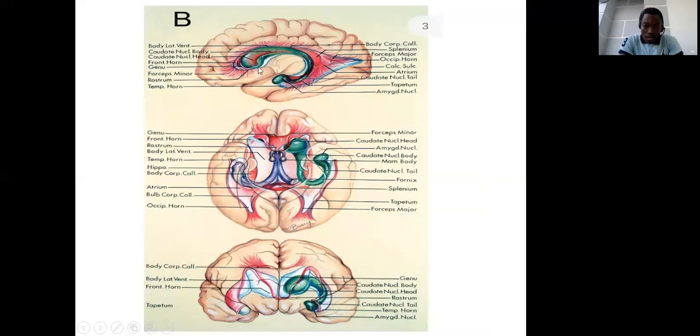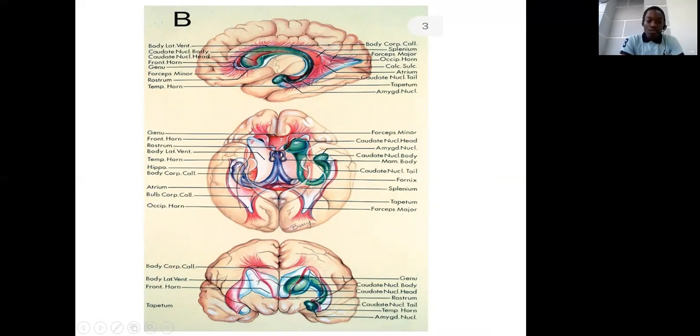The same diagram here, but from a lateral view with the fibers of the corpus callosum, the caudate nucleus, the thalamus in the middle, and then parts of the lateral ventricle.